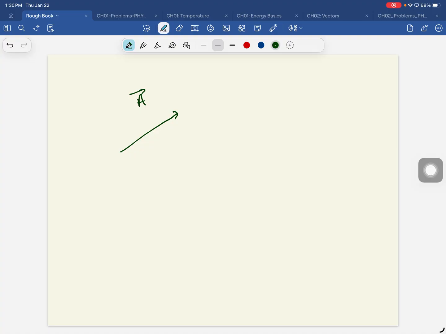The sum is from the first vector to the last vector. This is A plus B plus C. Once you learn how to add two vectors, you can add infinitely many vectors. It's no problem.